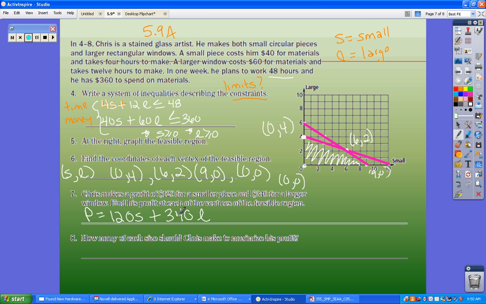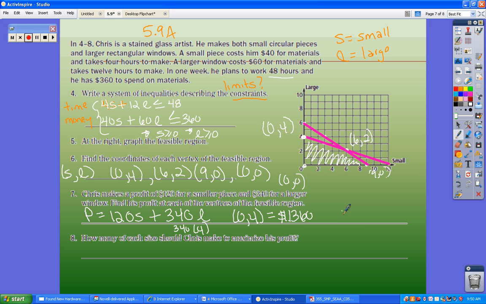So plug in 4 for large, and I'm going to get, let's try 0, 4 first. If I plug 0, 4 in, what do I get? Nothing for the small, and I get 340 times 4 for the large. And that gives me $1,360.